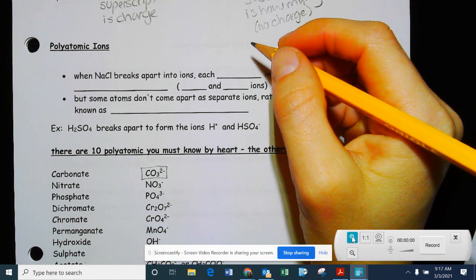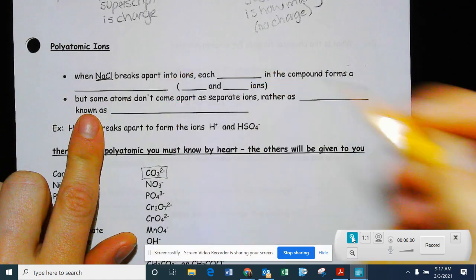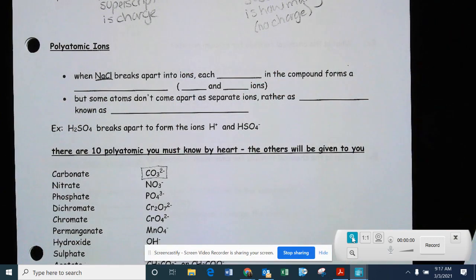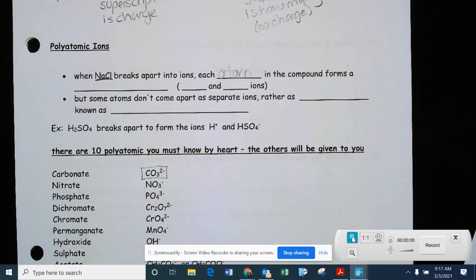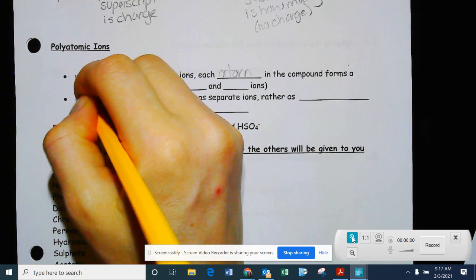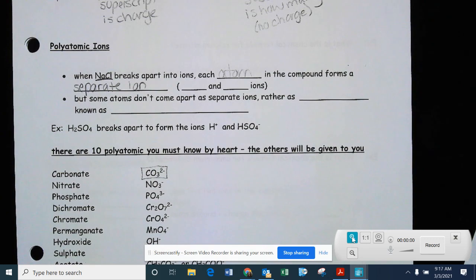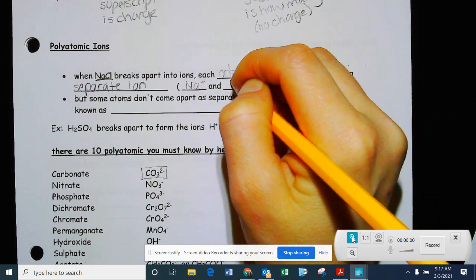So we're going to talk about what happens with sodium chloride, NaCl, when it breaks apart into ions. When we break that down, every atom inside of that forms a separate ion. So for this example, it's Na+ and Cl-.